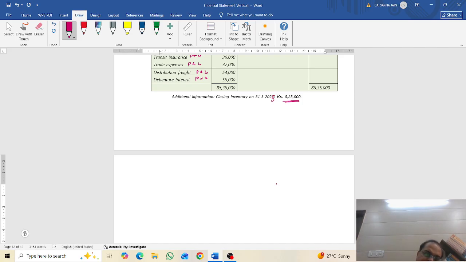So this is the heading. Statement of profit and loss account for the year ending 31st of March 2025.